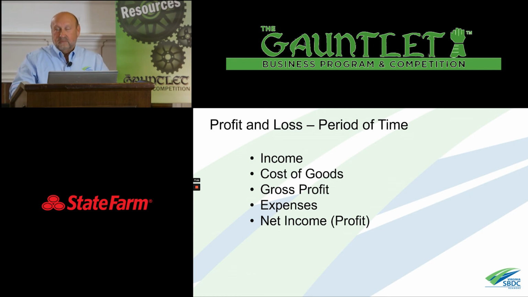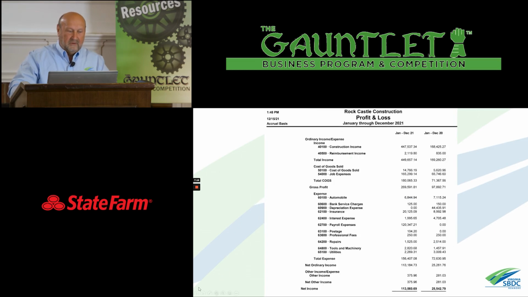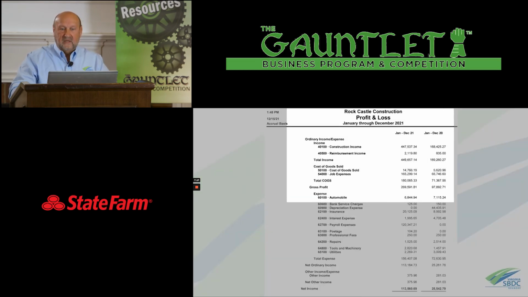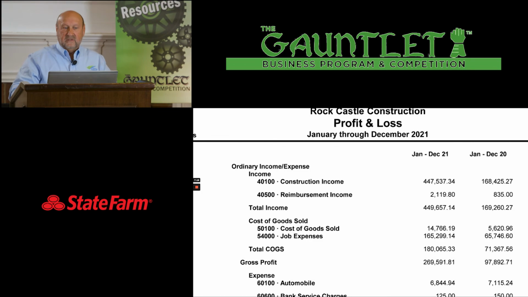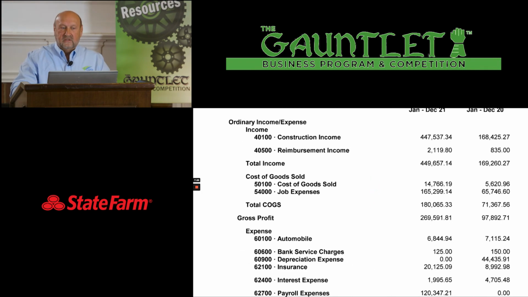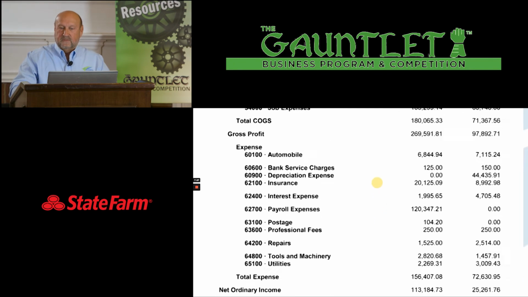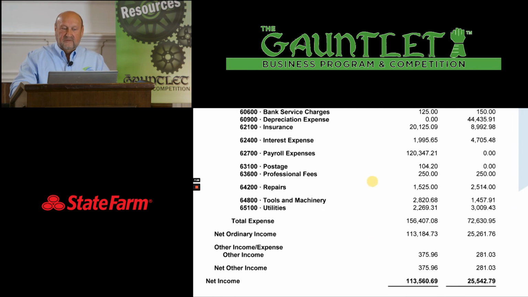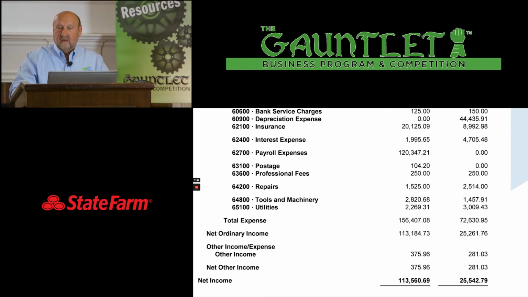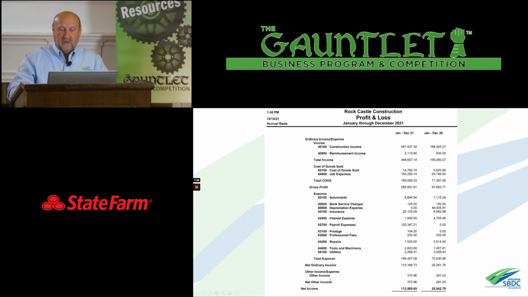Net income and profit are really synonymous terms. Let me give you an example of what one looks like. This is a profit and loss statement. It's going to show your income coming in, your cost of goods, and your expenses. And then at the very bottom, it's going to show your net income. And that is basically a profit and loss statement.